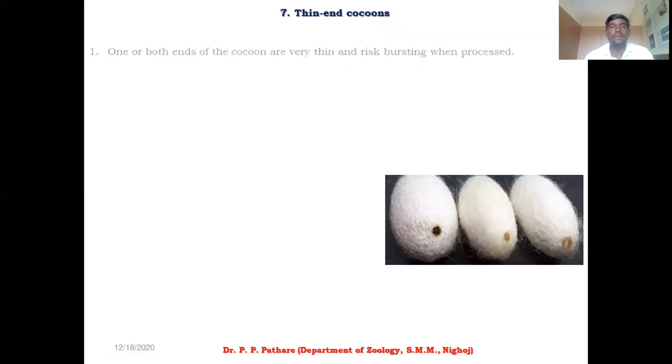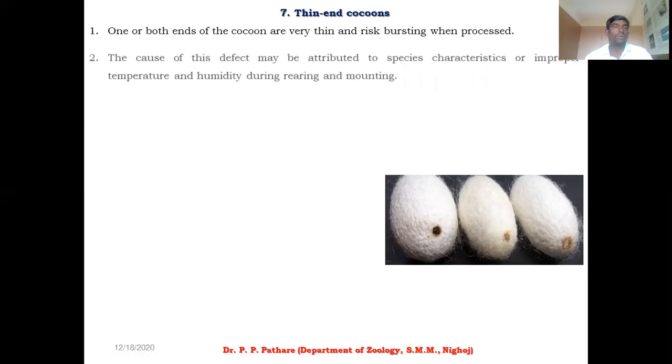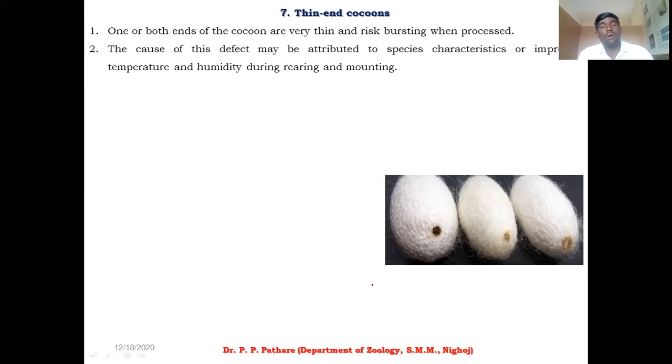Next one, that is thin end cocoon. One or both ends of the cocoon are very thin and risk bursting when produced. If your pupa produces very thin ended cocoon, this type of cocoon is also sorted out, also kept in a separate container, because such type of cocoon does not get a good price in market.